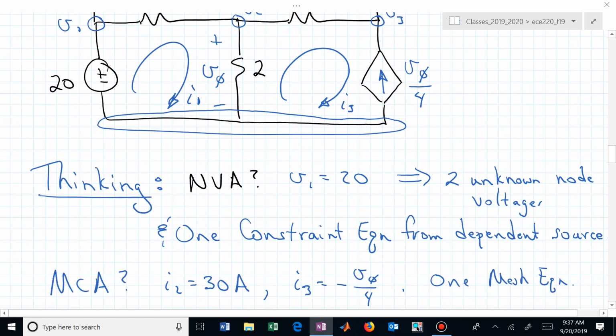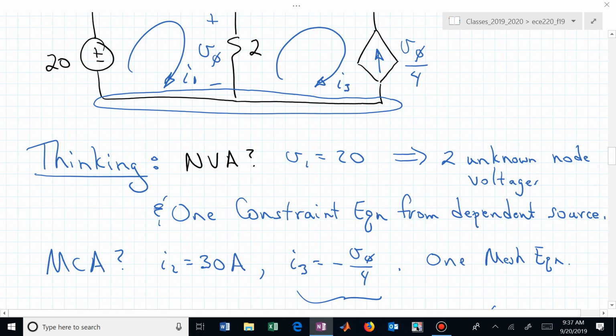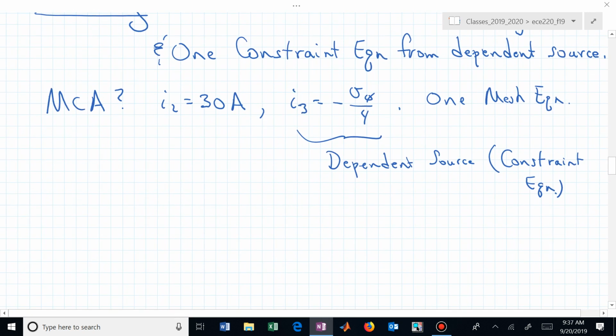So that's what I've taken some notes here. And I'm saying, you know what? Let me just try the one mesh equation. If you do the two, that's fine, especially if you do it accurately and correctly. You just get the same answer, the same results. Should be consistent. But let's now write the one mesh equation for mesh 1.